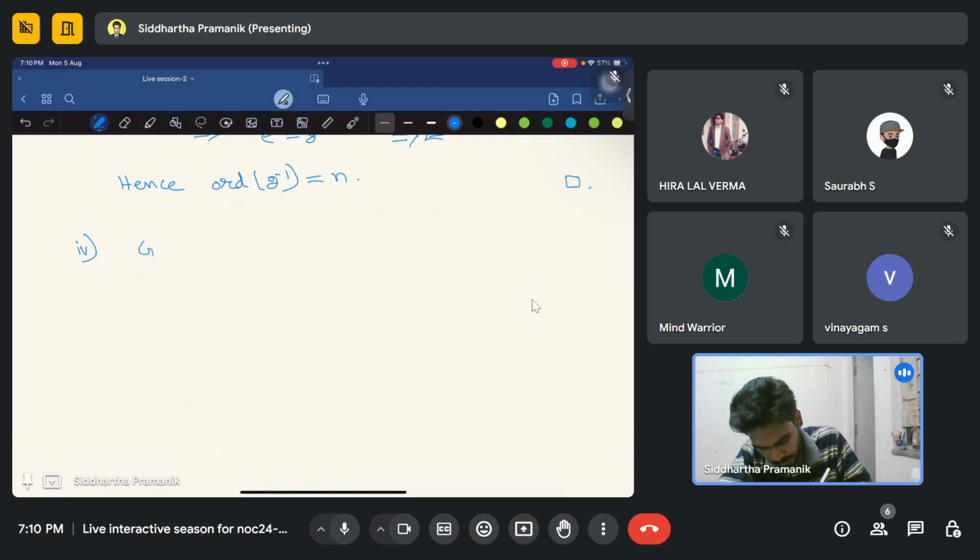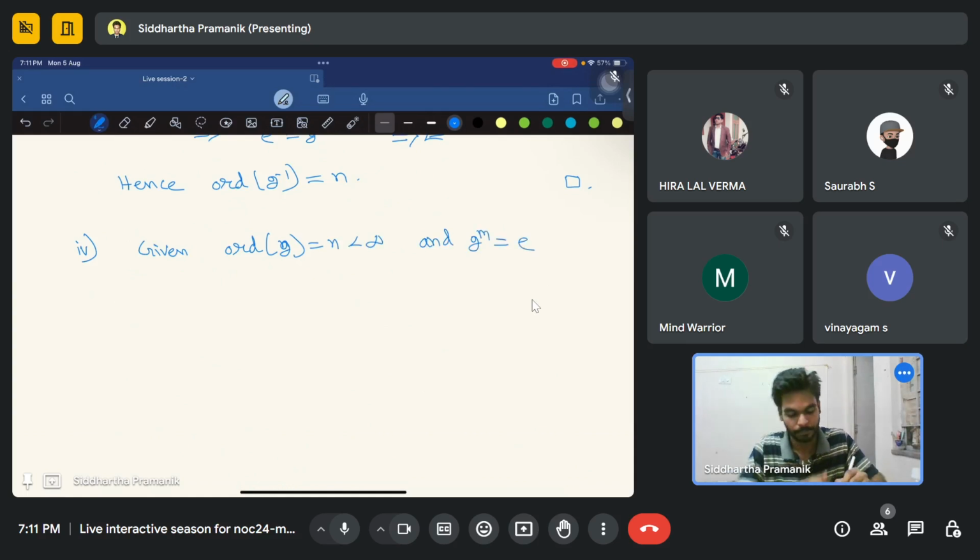So what is given? The order of g is equal to n, which is finite, and g power m is identity. And what we need to prove? We need to prove n divides m.